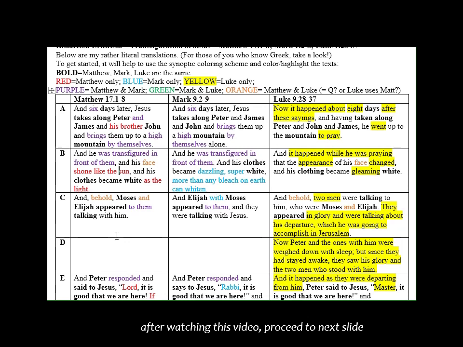Now in part C here, we're going to get an interesting thing. Both Matthew and Luke add a behold, an idou, in there, and it's odd that they would both add it, and it's not in Mark, who would usually tend to prefer that word. Again, I would do a search on idou and how it works in all three Gospels.